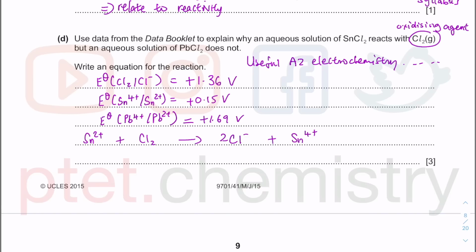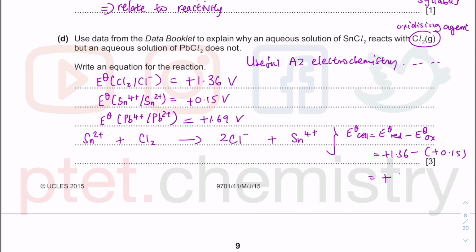So this is the balanced equation, and what you have there is your E cell, which is your E red minus your E ox. The Cl2 going to Cl minus is your E red, and the Sn is your E ox. Something more positive minus something less positive gives something positive: 1.36 minus 0.15.